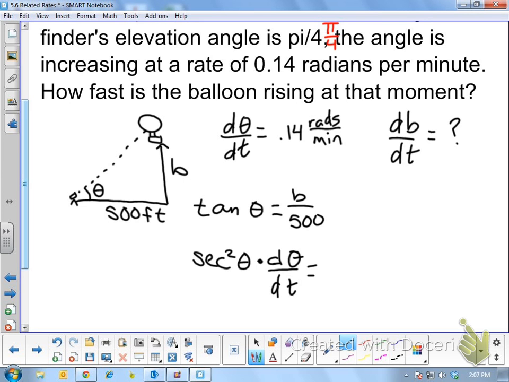Except that 500 is on the bottom. So what if I rewrote this as 1 over 500 times B? The constant would just be 1 over 500 times dB dt. I didn't forget the product rule. I was wrong, but I didn't forget.